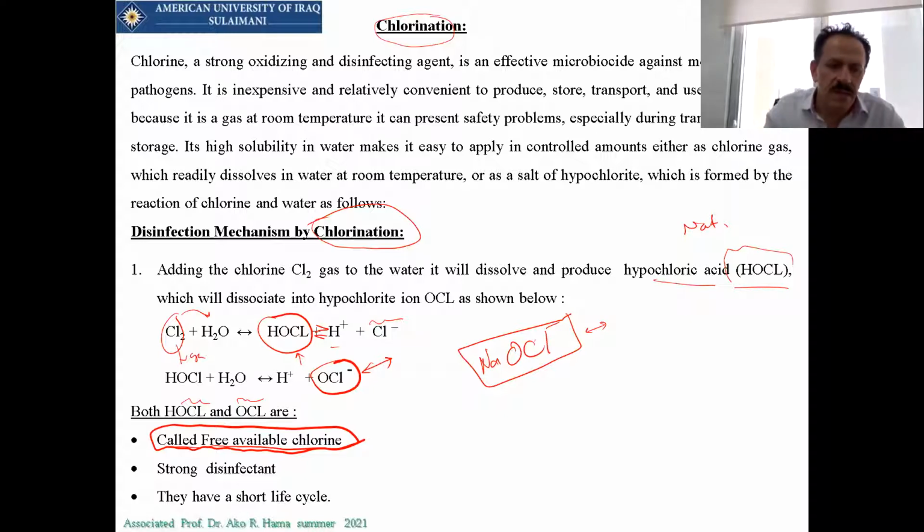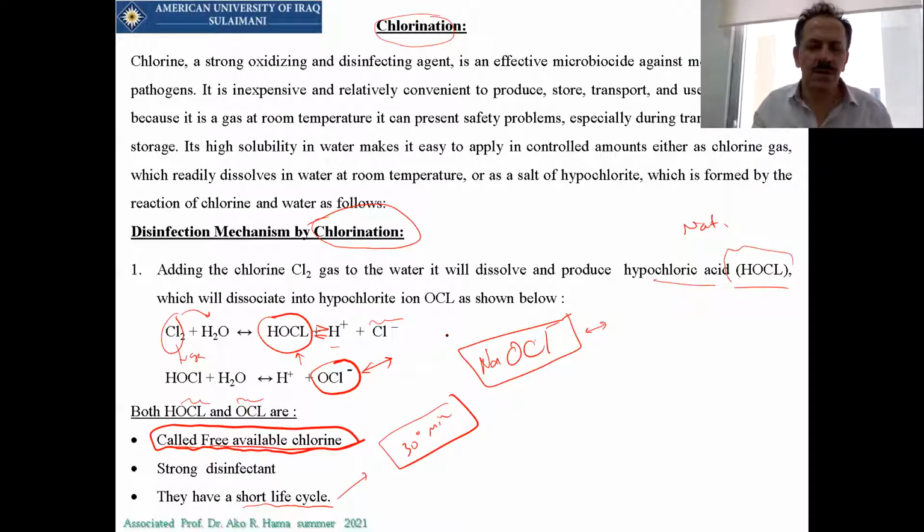The main property of these compounds is that they have a short life cycle. Within 30 minutes they will kill all the bacteria and they will be dissolved. Within 30 minutes, the contact time between the chlorine and the bacteria is enough to kill them.